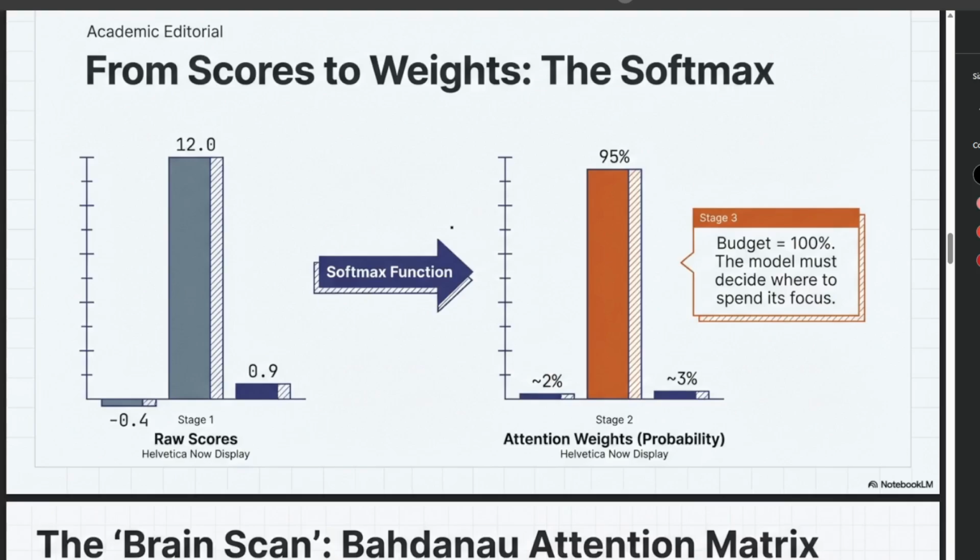We then calculate a weighted sum of the encoder states based on these percentages. This creates a custom context vector unique to this exact millisecond of generation. So for every word we have a different context vector that is a weighted average based on these percentages.